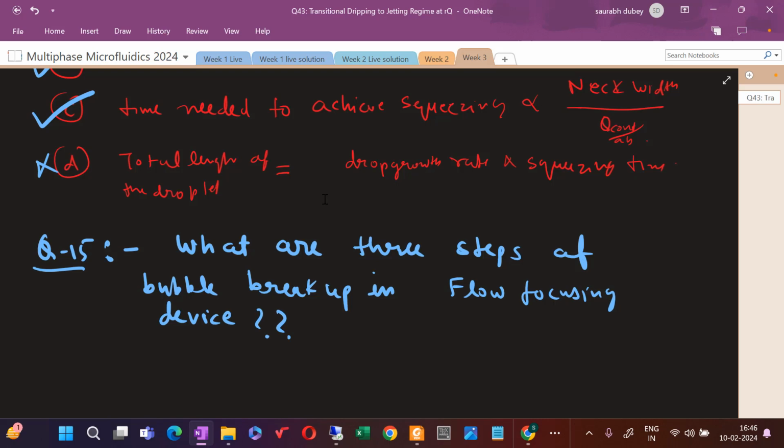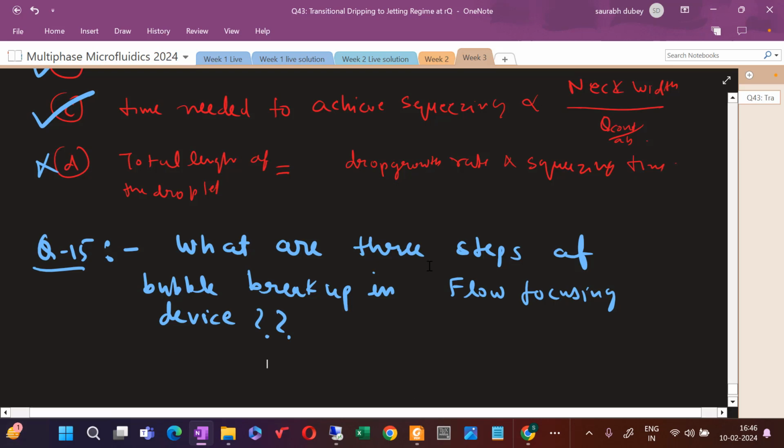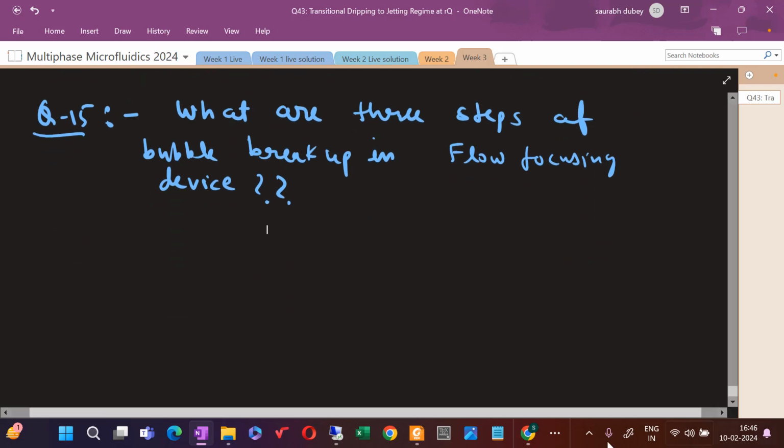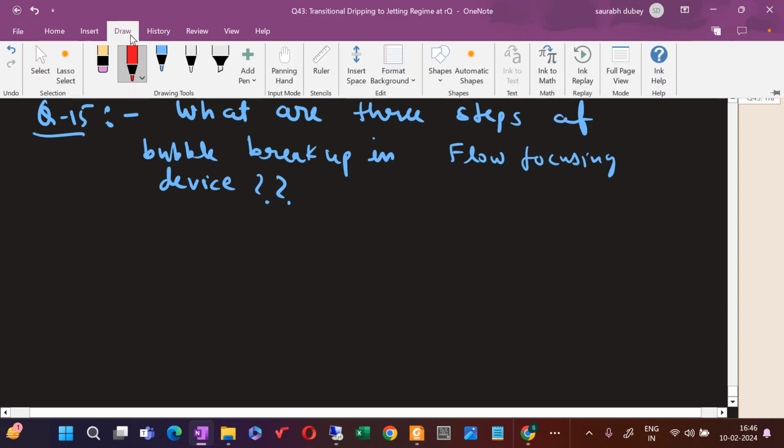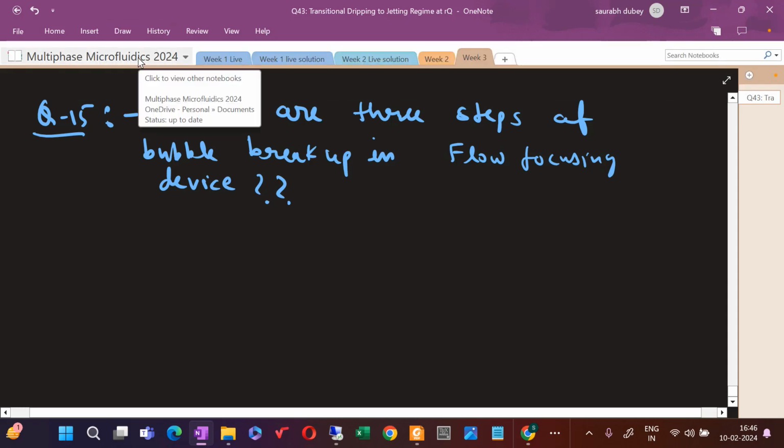Just think about this. It has been well explained, and I will be letting you know, but just think about that. What are the three steps of bubble breakup in a flow focusing device?